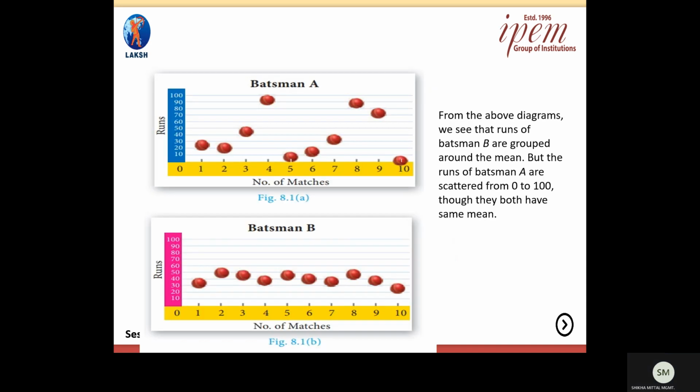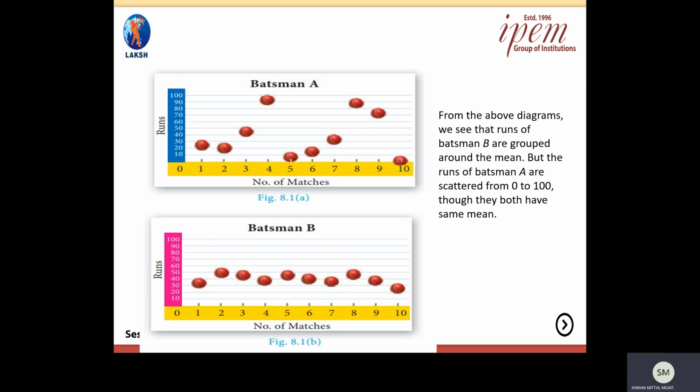We can see it with the help of a graph. Here batsman A's scores are given in the first graph, number of matches and runs, and then batsman B. Here we can observe that runs of batsman B are grouped around the mean, that is 40, whereas the runs of batsman A are scattered from 0 to 100, though they both have the same mean.